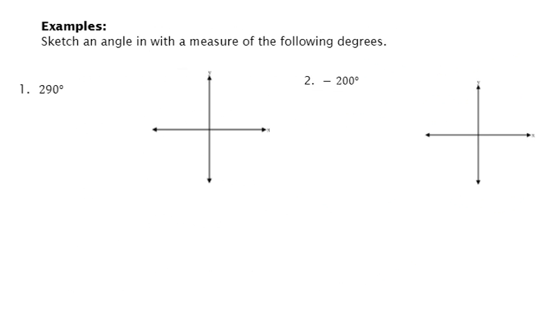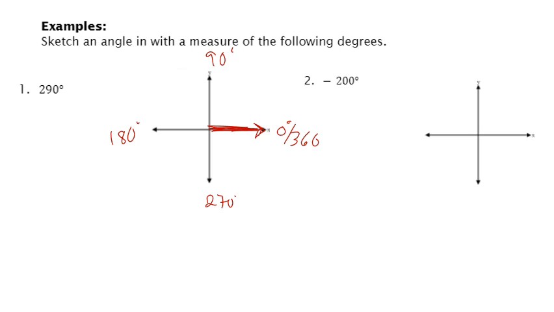All right, the first example is asking you to sketch 290 degrees. When we label this out, this is 0 degrees, this is 90 degrees, this is 180, and 270, and then finally 360. So we just go in a circle. We always start with our initial side.